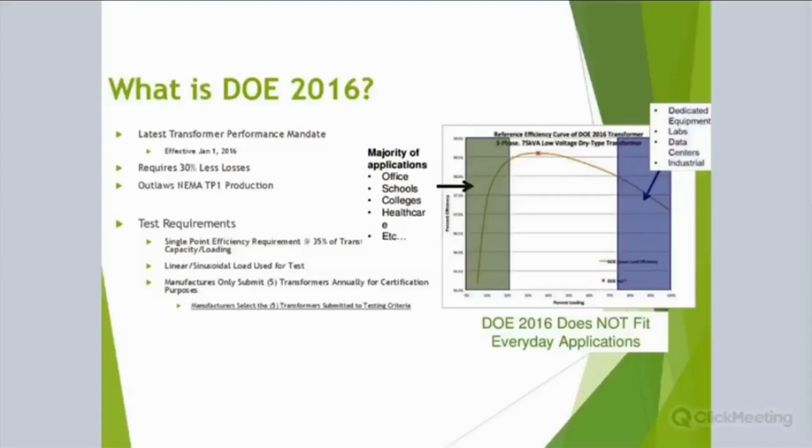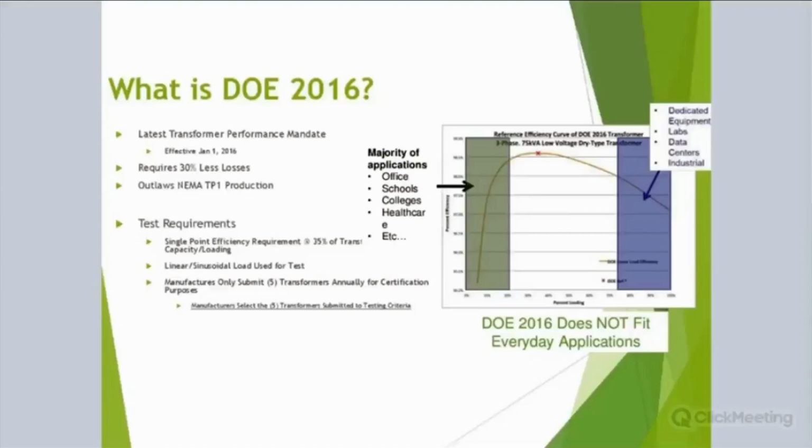more efficient transformer. And as with everything, if you build product to performance or specific performance, typically the product becomes more costly. It's just a drawback of using better materials, better manufacturing processes, that all costs money. So products tend to increase in price.